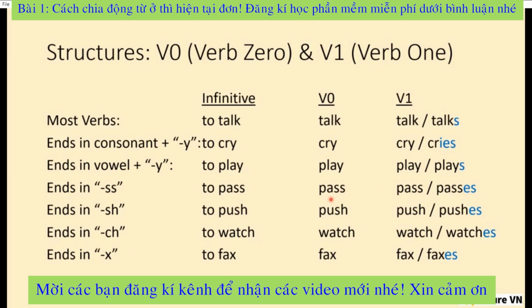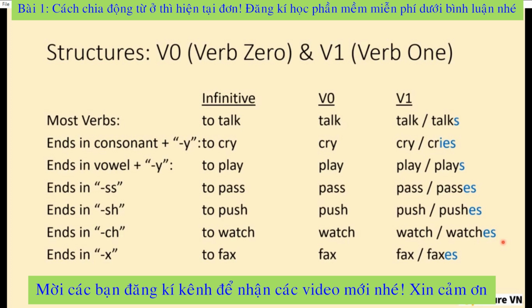So for pass, we would say I pass, he passes. I push, he pushes. I watch, he watches. I fax, he faxes. So es ending for all of those for the second form of verb 1.